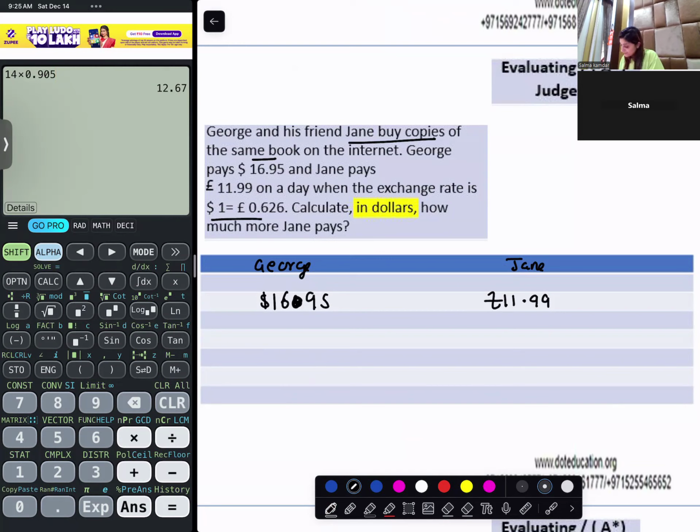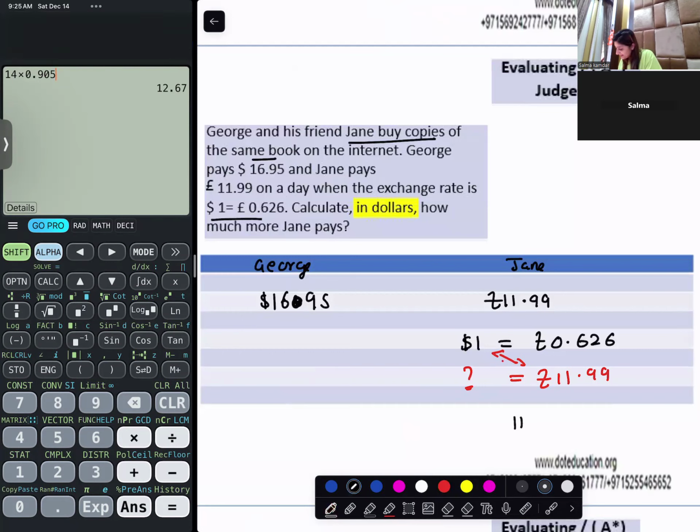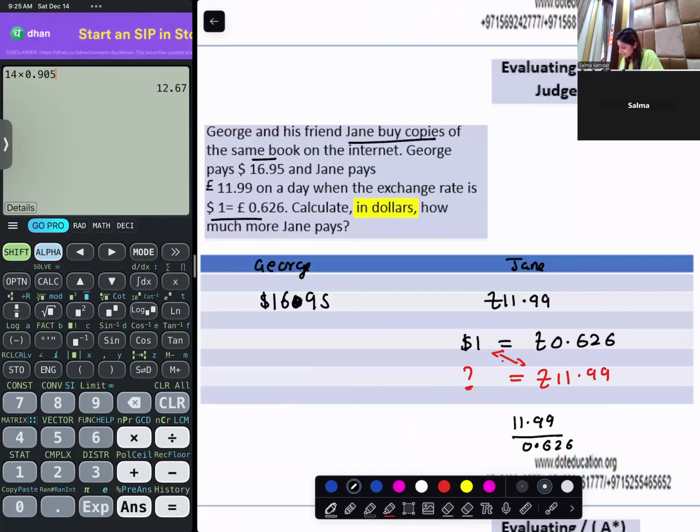So I know $1 is equal to 0.626 pounds. Jane has paid 11.99 pounds. So she has paid how many dollars? Question mark. I would cross multiply. So this would become 11.99 divided by 0.626.